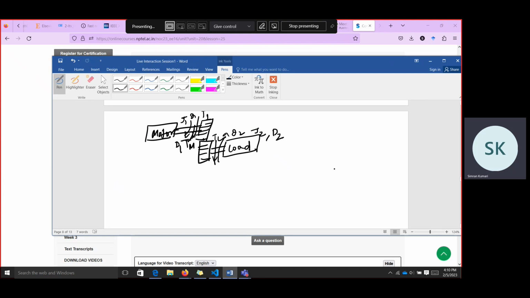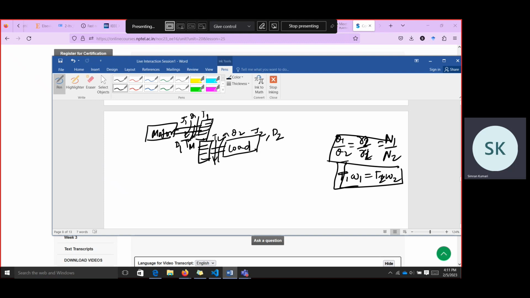For gearings, we know now that theta1 by theta2 or r1 by r2, so r2 by r1 equal to n1 by n2. Similarly, like a transformer. The function of this gearing is to transfer the power. So whatever power is input, that will be the output. So T1 omega 1 will be equal to T2 omega 2. These are two equations that we have.